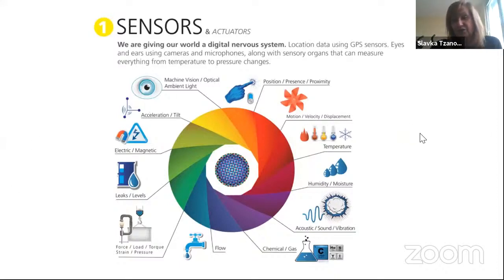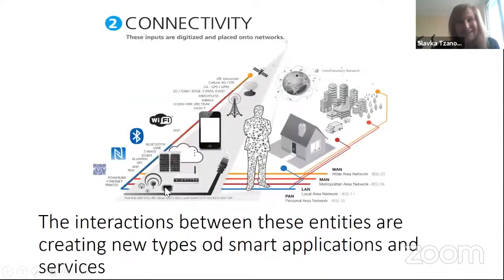Hopefully, we still don't digitalize this, don't discretize this information in our body. So, connectivity. These inputs from the sensors are digitized by, as I say, analog digital converters and placed into networks.